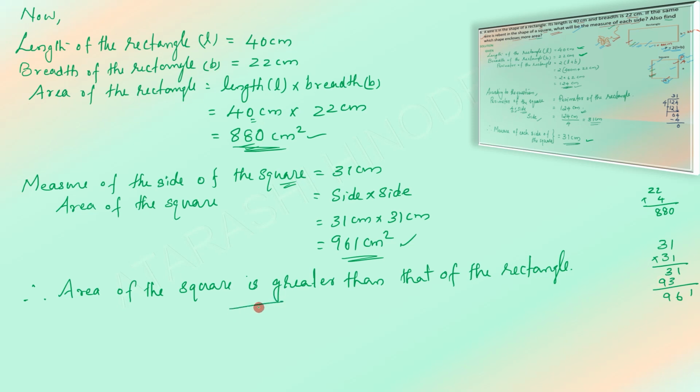This is the answer for our second part, that is square encloses more area. Now if it is asked by how much it is greater, then you have to subtract 880 from 961.